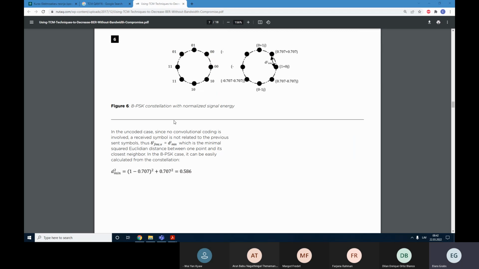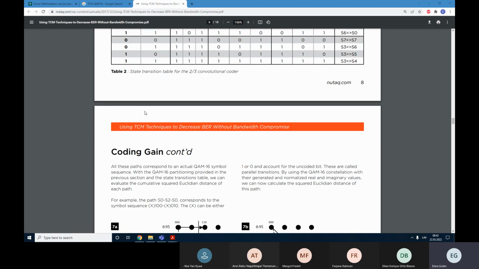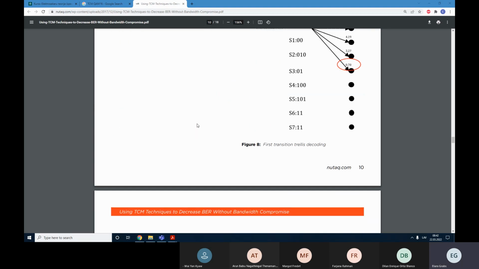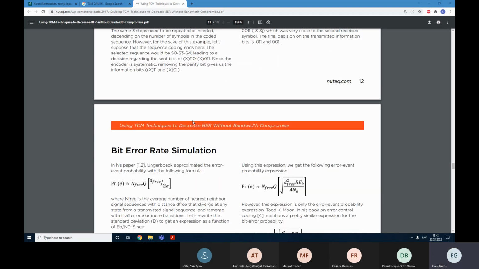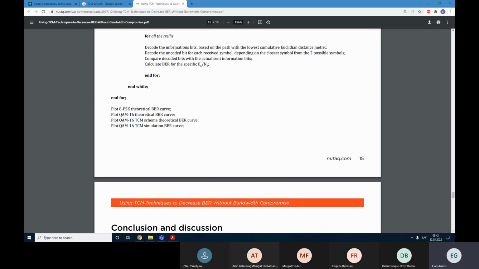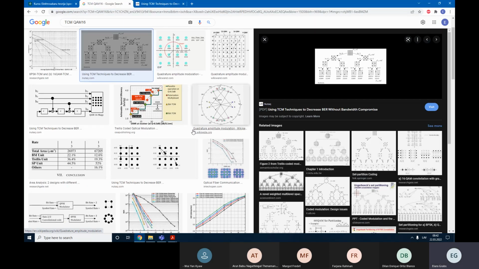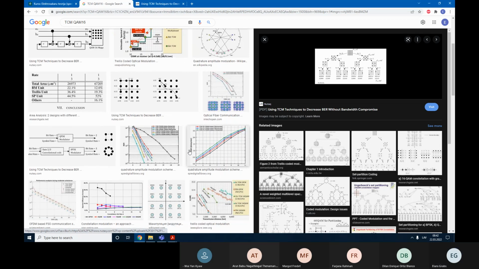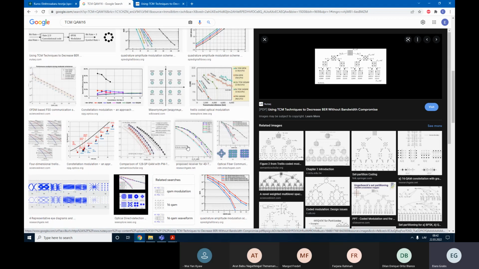So this becomes much harder, and actually, let me see if we can see the full constellation. So this is for phase shift keying and for the QAM16 constellation. We'll talk about this coding later on, because this is the topic for a separate lecture. Maybe we can find TCM for QAM16.